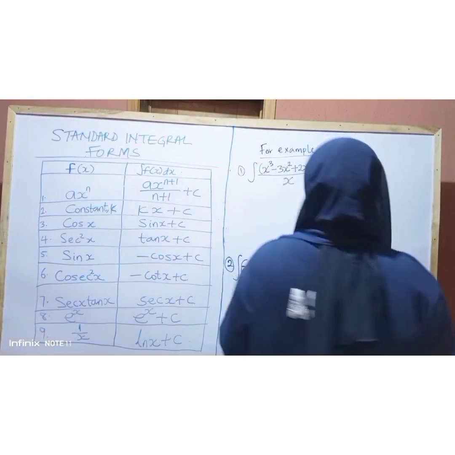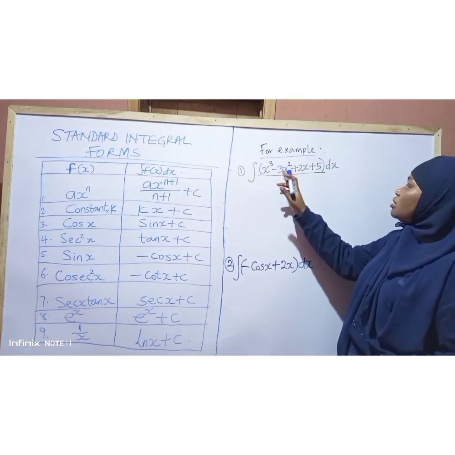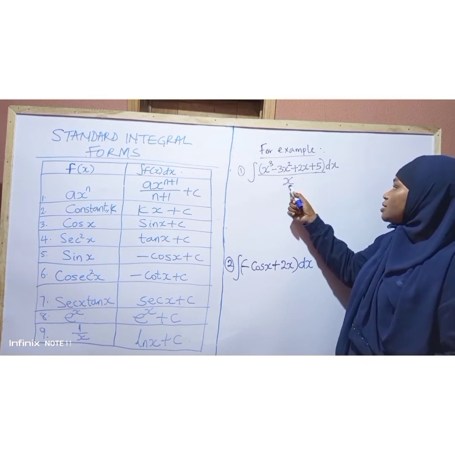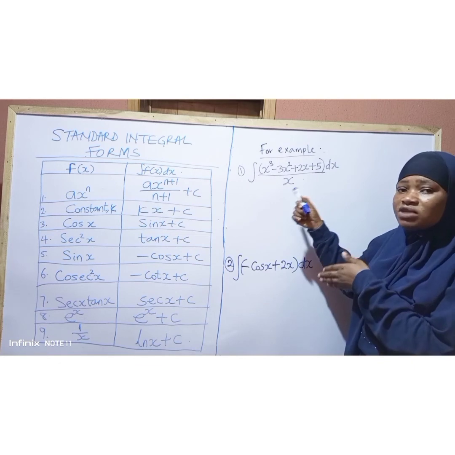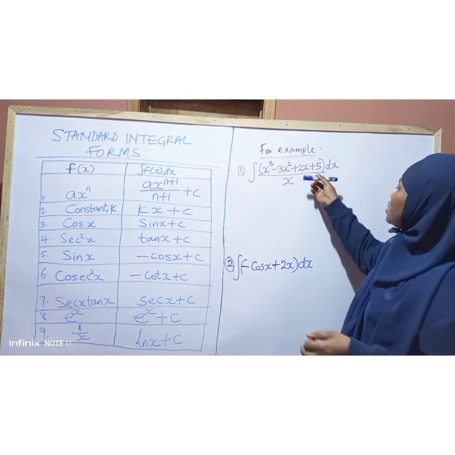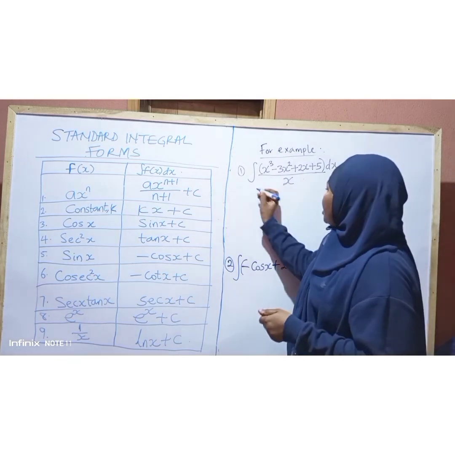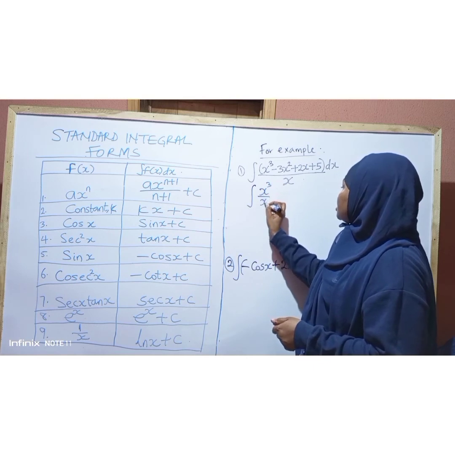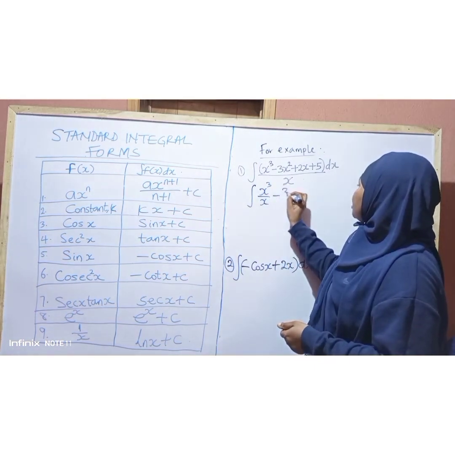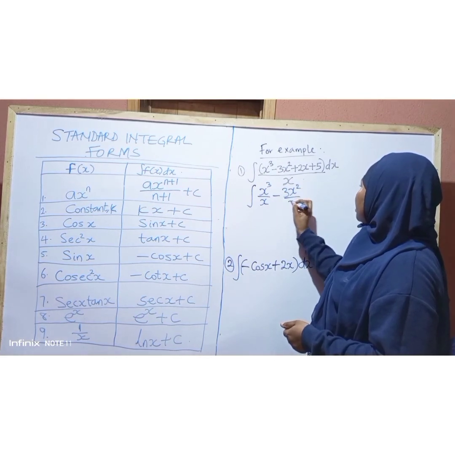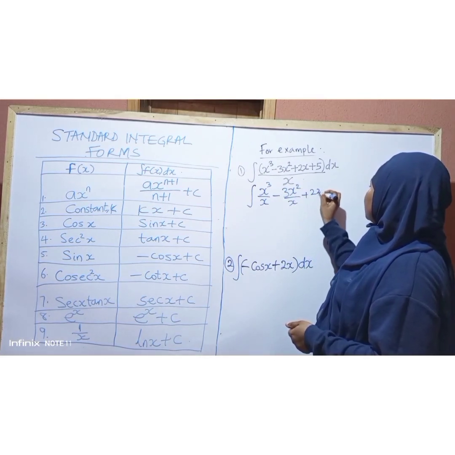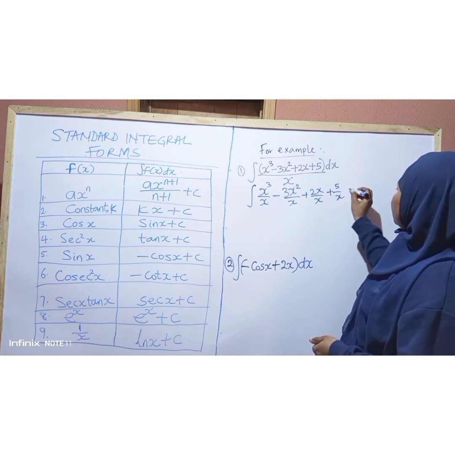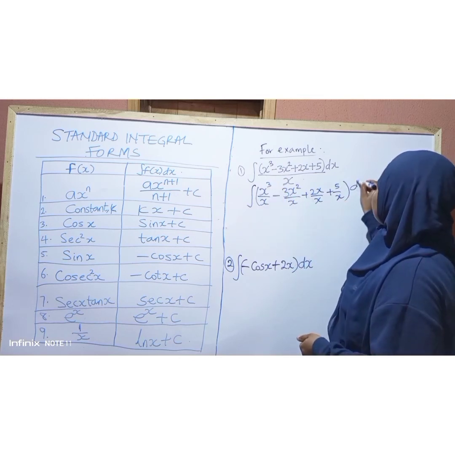Now, for example, if we have the integral of x cubed minus 3x squared plus 2x plus 5 dx divided by x, we want to find the integration of this. Now, the next thing is that we have to simplify it and say that we have the integral of x cubed divided by x, then minus 3x squared divided by x plus 2x divided by x, then plus 5 divided by x, then everything dx.